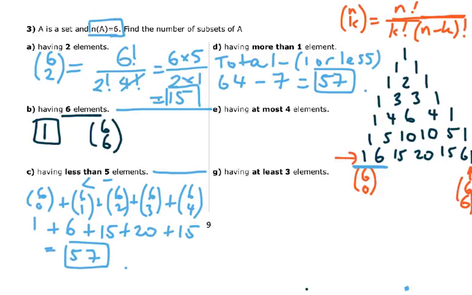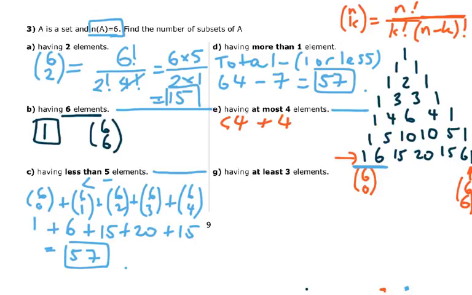And I think if you think about it for a little while, you'll be able to see why that's the case, because of the symmetry of Pascal's triangle. Right, so part E, have at most 4 elements. Well, that means you could have 4, but you could also have less than that, at most 4. So we could have less than 4, plus 4.